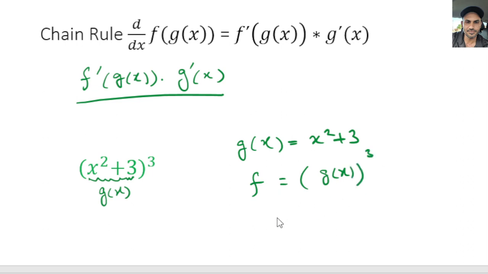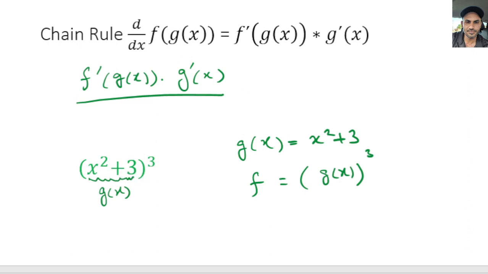And when we take the derivative, we apply the chain rule. We take the derivative of our main function and then multiply with the derivative of our input function, and that would be the derivative of this expression.